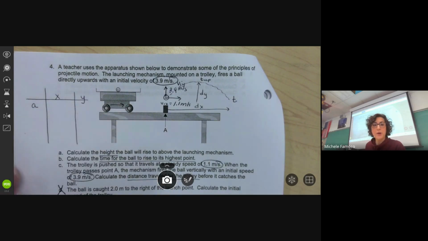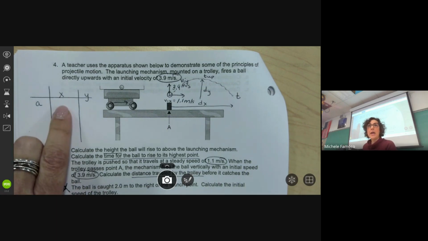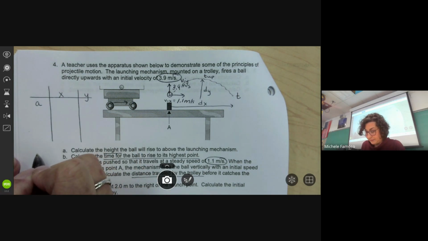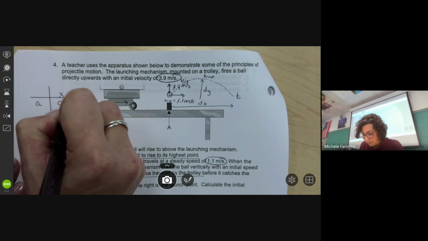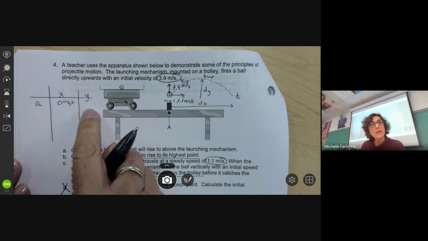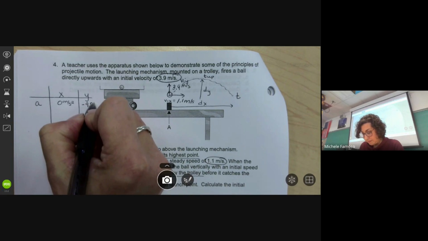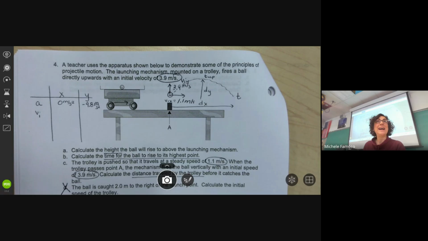Remember, the first row are your accelerations. In the X direction, Jalila, what is my acceleration always? 0 meters per second squared. Correct. Jackson, can you tell me what it is in the Y always? Good. The next thing we're going to put are our VIs.